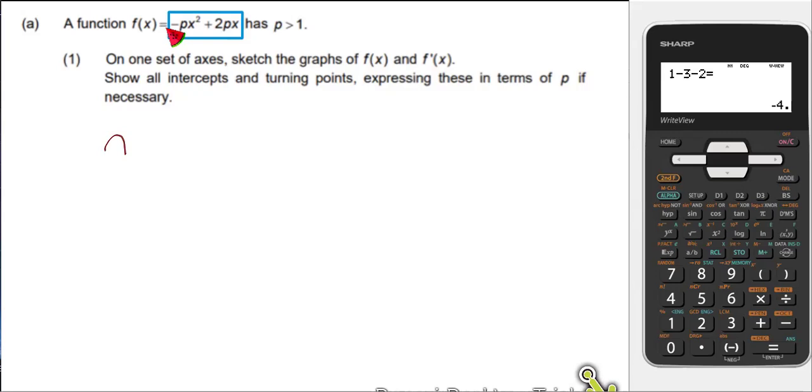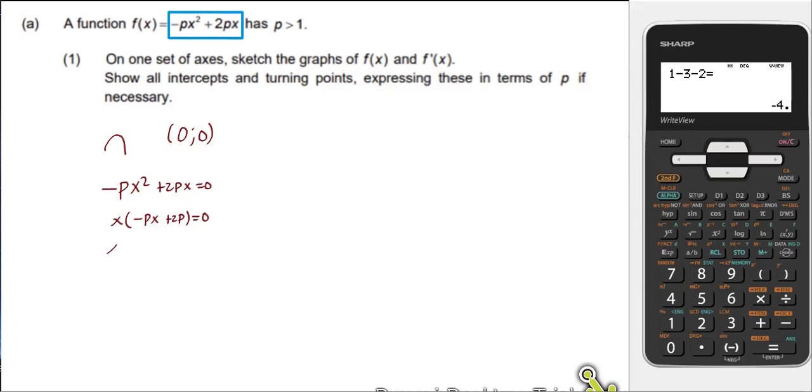Then if I wanted the y-intercept, I'll put 0. So y-intercept, x is 0, and then y is 0. Then I'm looking for the x-intercept. We take the graph, minus p x squared plus 2px, and make that equal to 0. Pull out a common factor of x, so minus px, then plus 2p, equals 0.